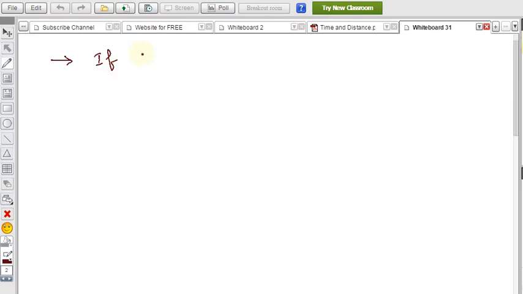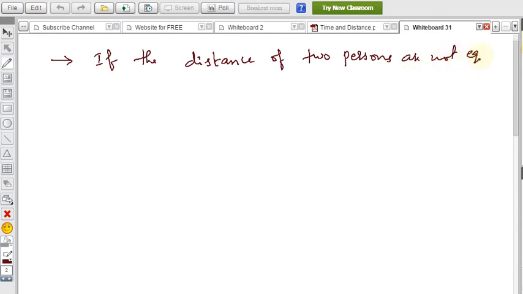If the distances of two persons or vehicles are not equal, then the average speed is distance by time.